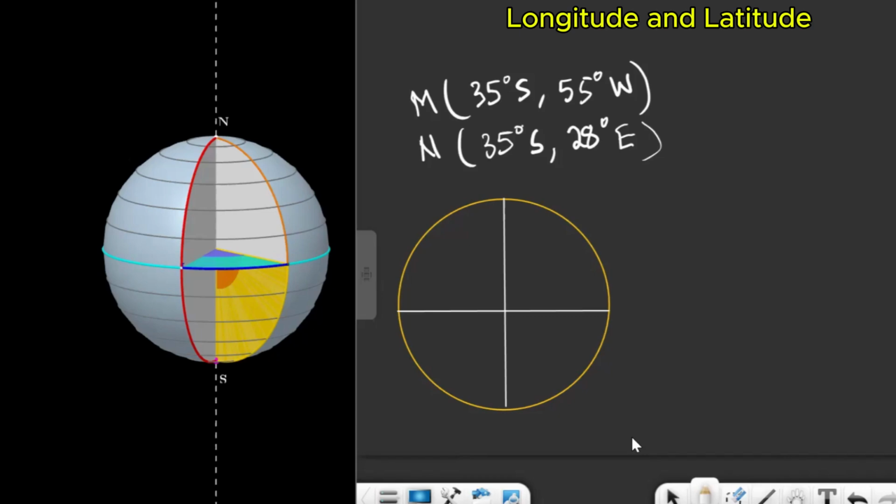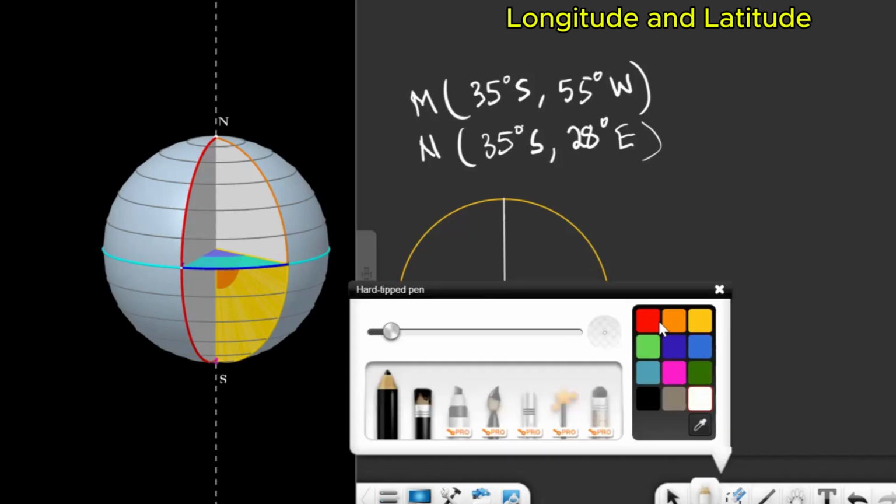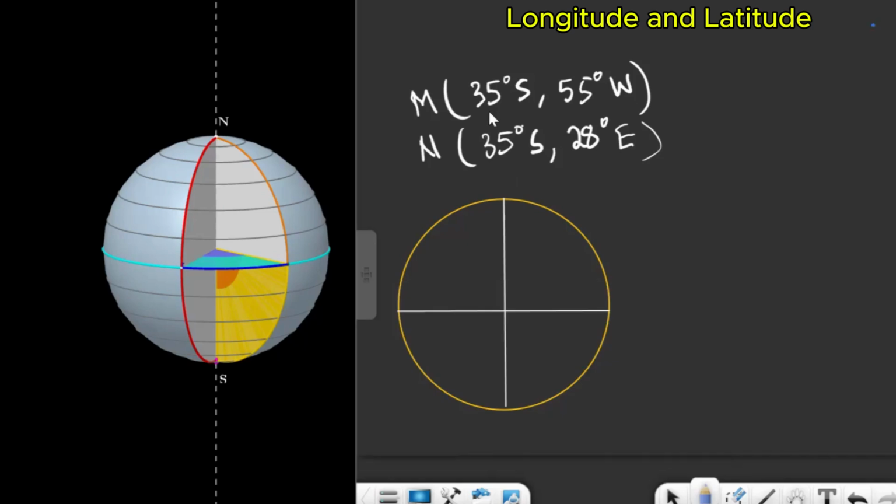All right, so now let's start. Let's pick a color here. Now this is the first one. I want to identify the location of M, which is 35 degrees south, 55 degrees west. So this is 35 degrees south.